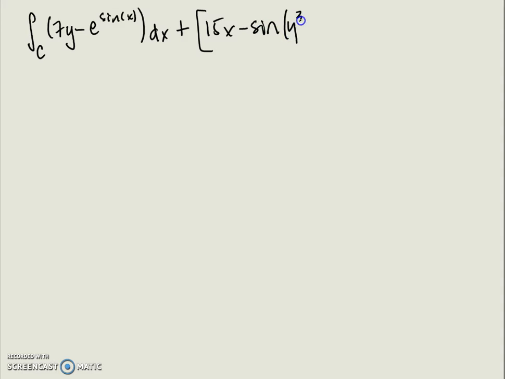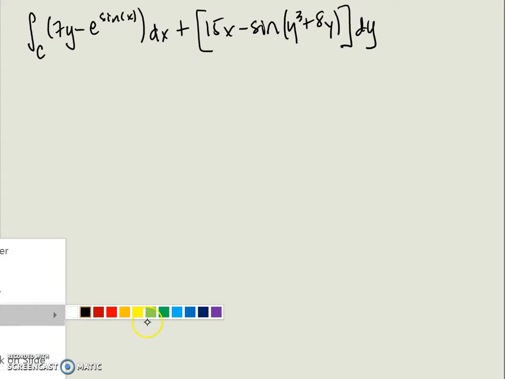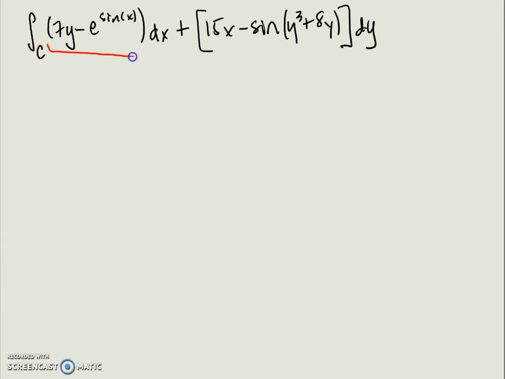Because we can apply Green's theorem, we had the integral over C of 7y minus e to the sine of x dx plus 15x minus sine y cubed plus 8y dy. And just to annotate it here on this screen, we call this M and we call this N.